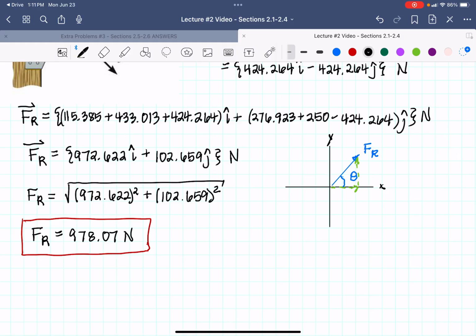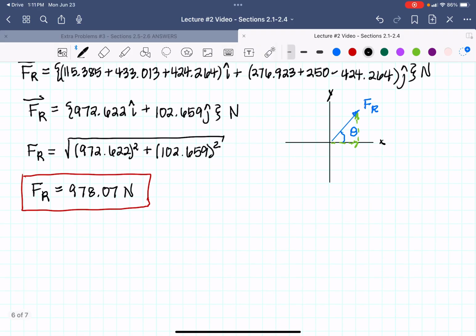So I'm going to find theta by saying that the tangent of theta is equal to opposite over adjacent. Opposite is the y component, 102.659, over the x component, 972.622.